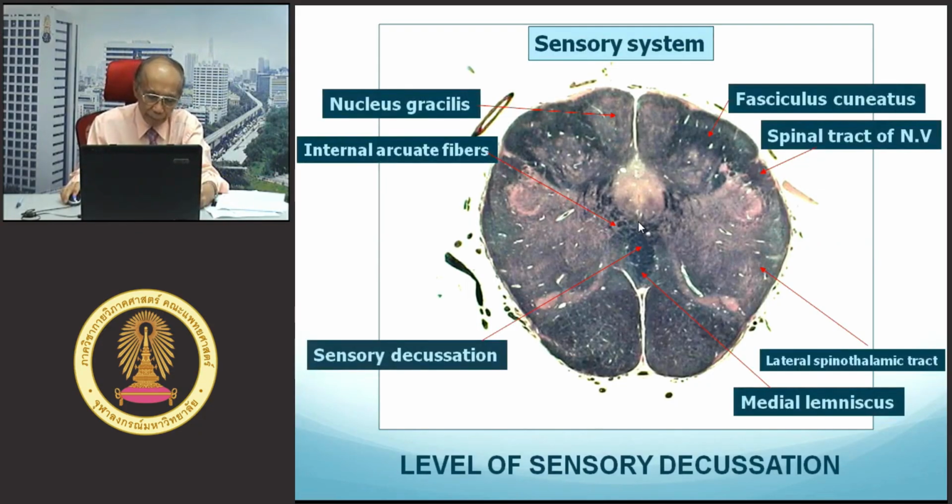The sensory system includes the fasciculus cuneatus, nucleus gracilis, and axons from nucleus gracilis and nucleus cuneatus, which form the internal arcuate fibers that cross to the opposite side and form the sensory decussation and medial lemniscus.